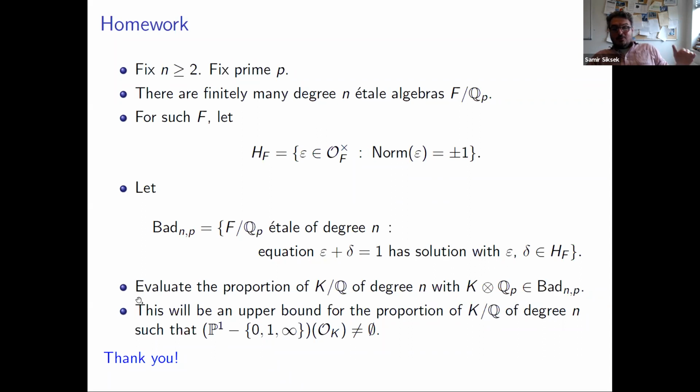But anyway, this proportion will be an upper bound for the proportion of number fields of degree n such that the unit equation has a solution, or P1 minus 3 points has an integral point.